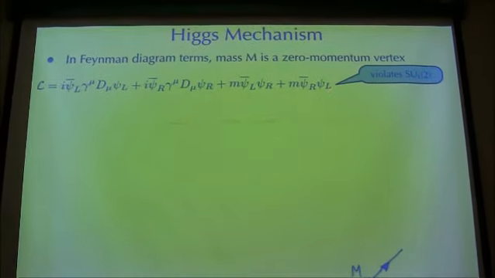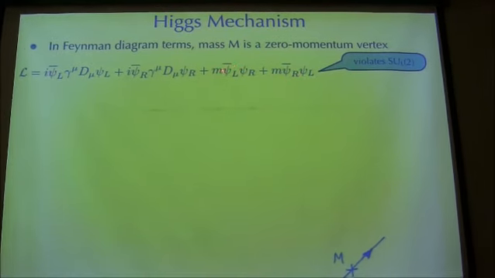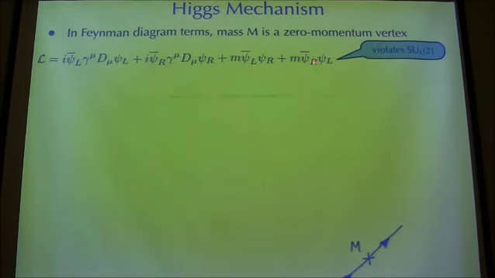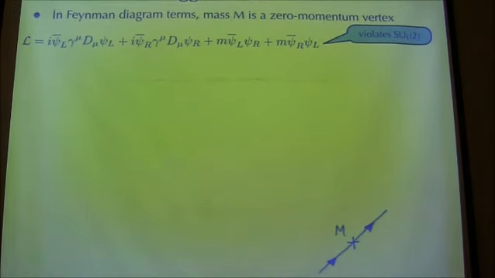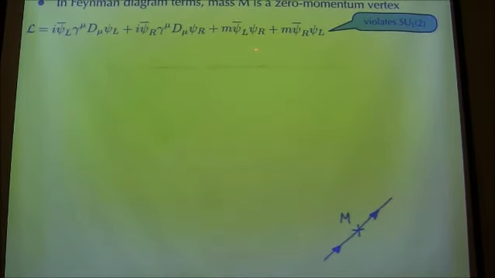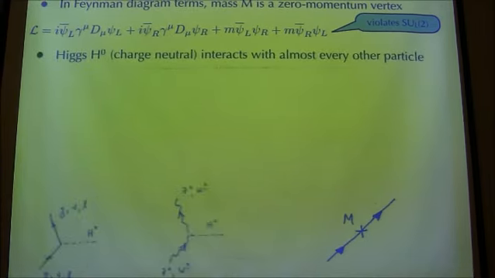So the mass connects left to right. And you can see that this is automatically going to violate any symmetry that involves just the left-handed pieces of the fields, because there's no accompanying partner to sop up the transformation associated with that field. So this just breaks SU(2) left. That's why we say mass is incompatible with SU(2) symmetry.